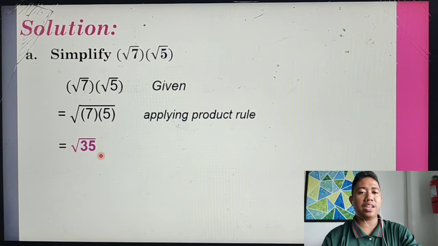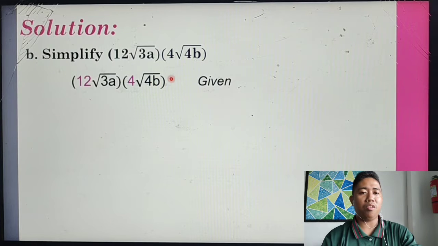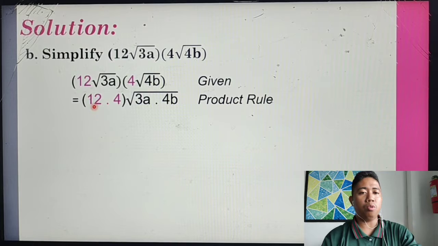Let's move on to the next example, letter B. We simplify 12 square root of 3a times 4 square root of 4b. We have already stated the given. The 12 and 4, these two constants, should be multiplied. Applying the product rule and the distributive process, we have 12 times 4, and for the radicals we get 3a times 4b.